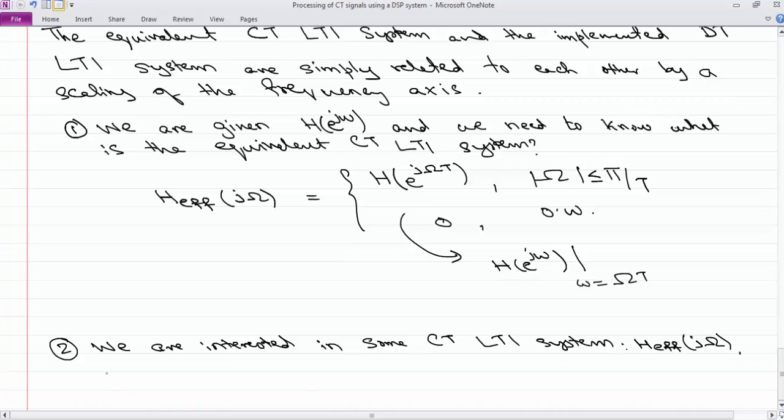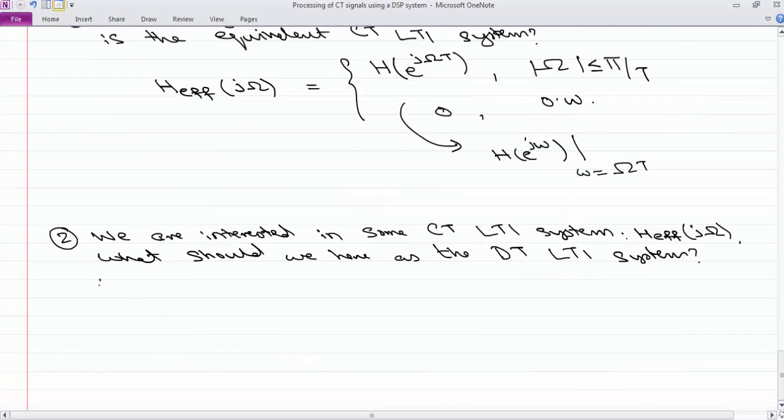The problem in that case is what we should have as the discrete time LTI system, and that simply means what is H of e to the j omega.